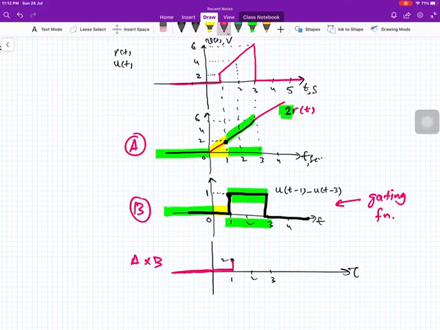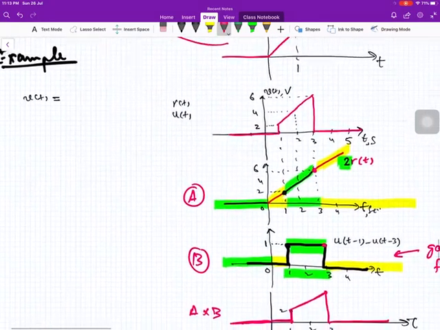I'll show it in red. At 3 seconds, this is 6, and this is 1, so it will be 6. And after that, from 3 onward, the A waveform is a ramp with slope 2 and the B waveform is 0. Therefore, the product will be like this.